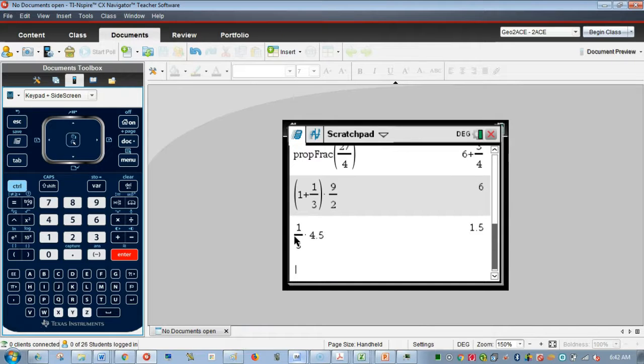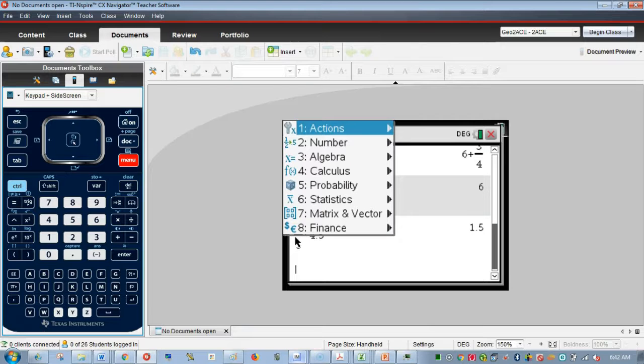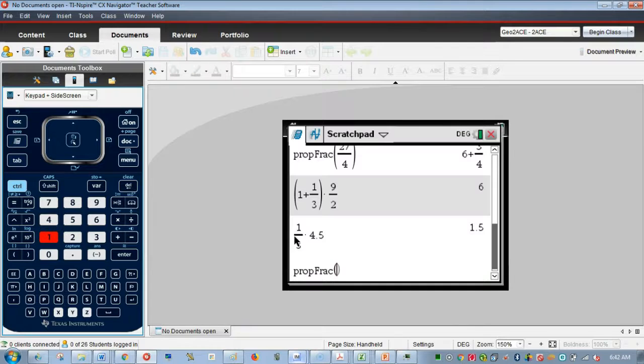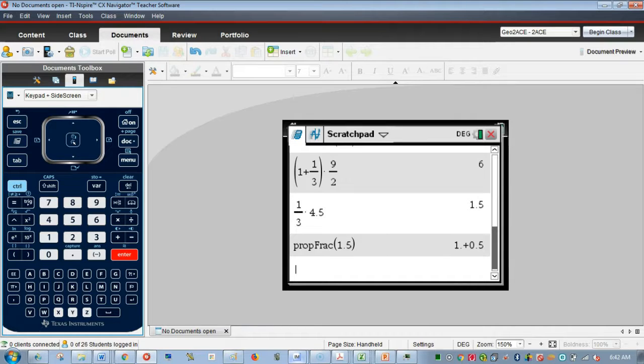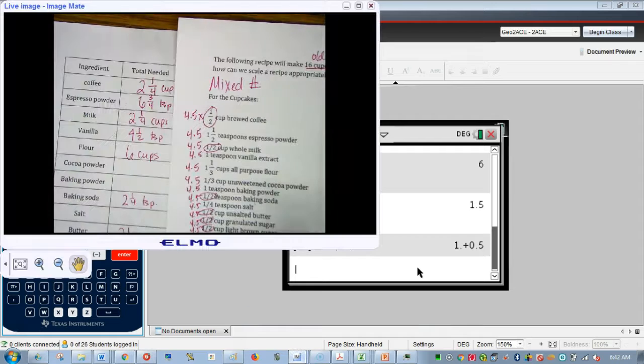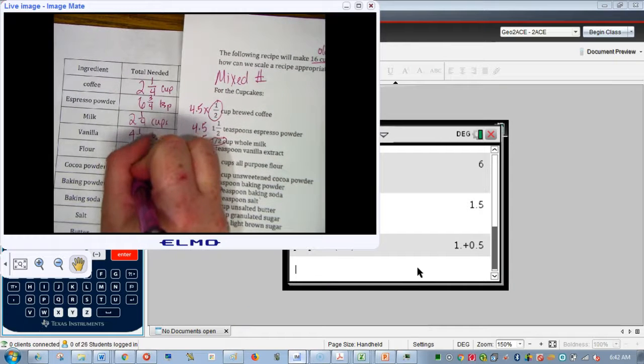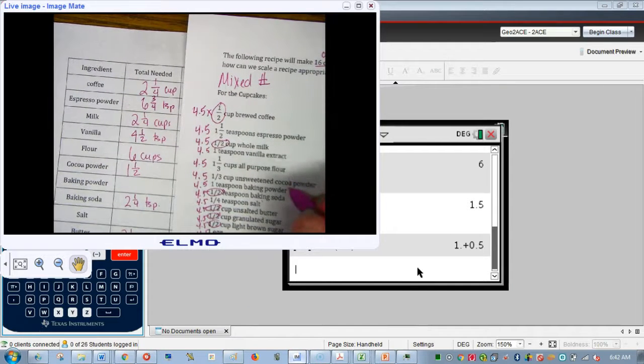I get 1½. Now, if you don't understand that, that's 1 1/2, 1.5, menu, 2, 7, 1. I'm going to go control answer. It automatically will put 1.5 in there, and I get 1 1/2. So again, we're not writing things as decimals, we're writing things as 1 1/2. And that was cups.